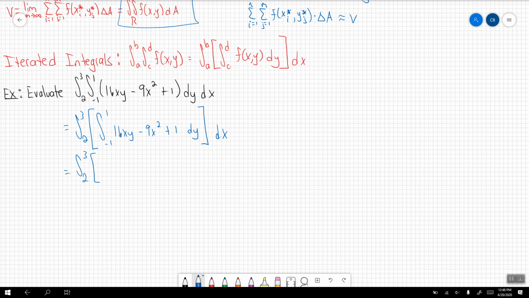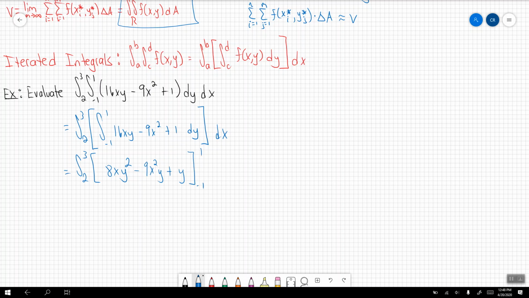But 2 is going to divide 16, so that's going to leave us 8x y squared. And again, you can take the derivative. If we take the derivative, that's going to be 16xy, which is this piece. Integrating this with respect to y, that's going to get us 9x squared, and then we multiply by y. And then plus integrating the constant of 1 with respect to y is just y.